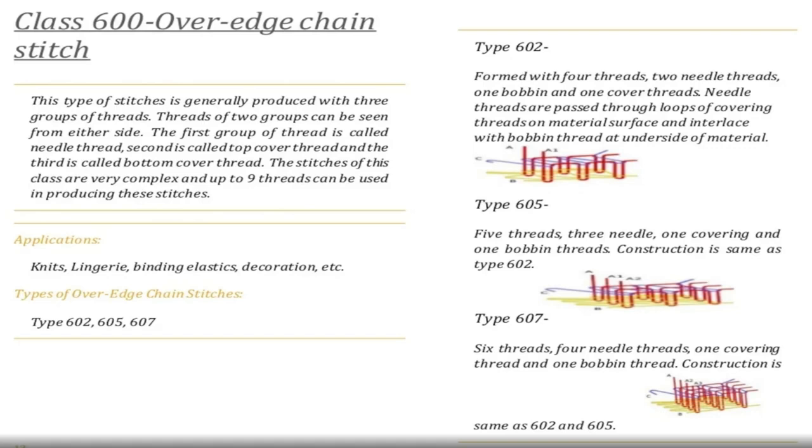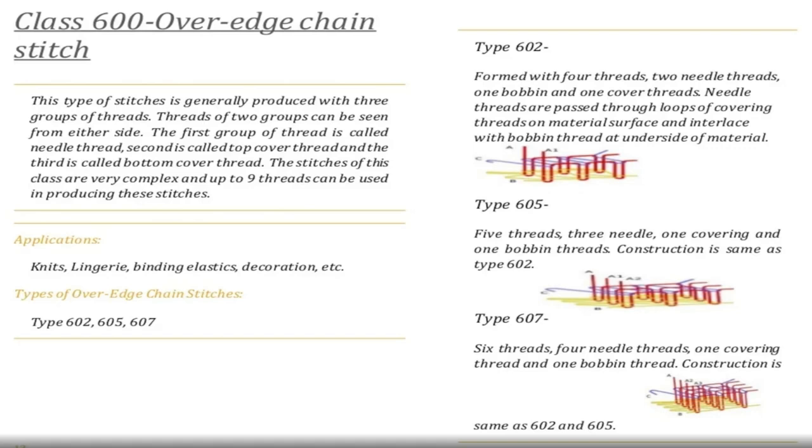Types of overedge chain stitches: Type 602, 605, 607. Type 602 is formed with 4 threads, 2 needle threads, 1 bobbin and 1 cover thread. Needle threads are passed through loops of covering threads on the material surface and interlace with the bobbin thread at the underside of the material.